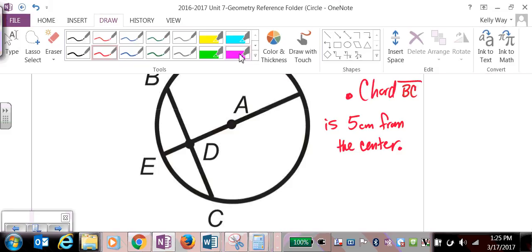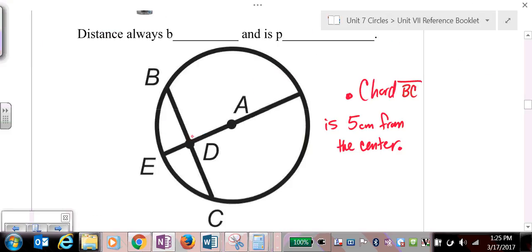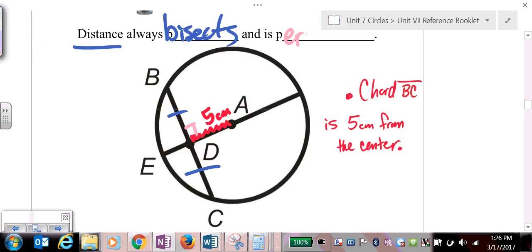Alrighty. Let's see if you did this correctly. How many of you marked that as 5 centimeters right there? Raise your hand. That has two qualities. Quality number one, that distance segment also bisects the chord, and it's also perpendicular.